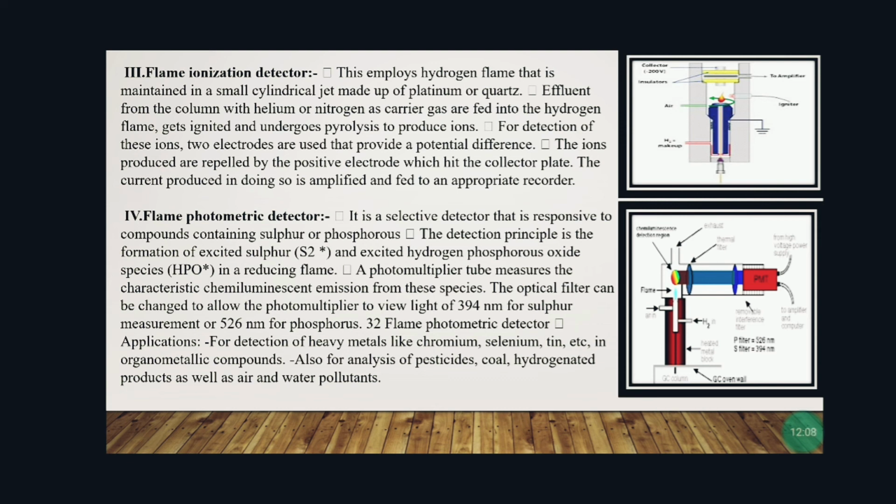The optical filter can be changed to allow the photomultiplier to give light of 394 nanometer for sulfur measurement or 526 nanometer for phosphorus. Flame photometric detector applications are for detection of heavy metals like chromium, selenium, tin, etc. in organometallic compounds. Also for analysis of pesticides, coal, hydrogenated products as well as air and water pollutants.